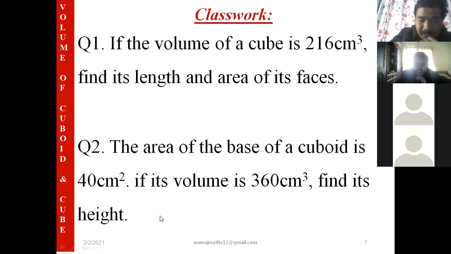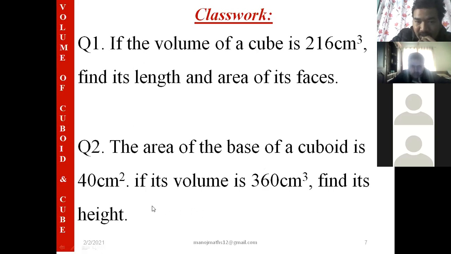In place of L into B, write 40 centimeter square. Length into breadth means area of the base. But here height is not given.